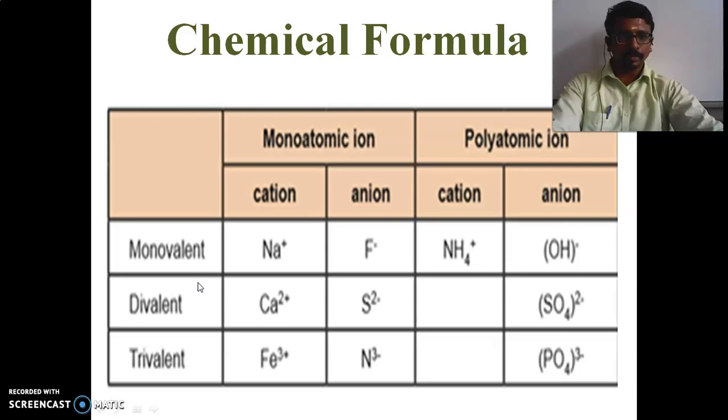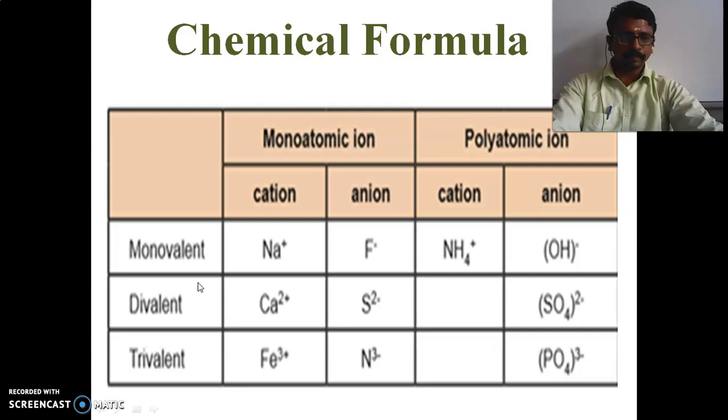What is the atomic number? 11. So we can split it into 2, 8, 1. 2 is stable and 8 is stable, so only 1 will be in the outermost shell. So the valency for sodium will be +1.